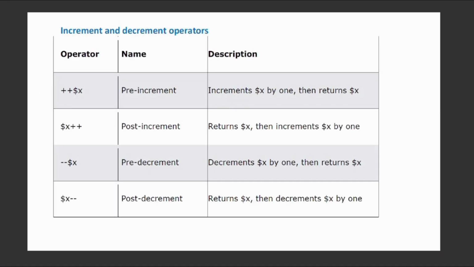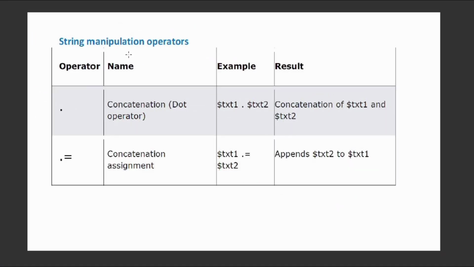Now we will move to our next operator, that is string manipulation operators. The dot operator is used for concatenation, and the second one, dot equals to, is used for concatenation assignment. This operator I have already explained to you, but once again I will show it.